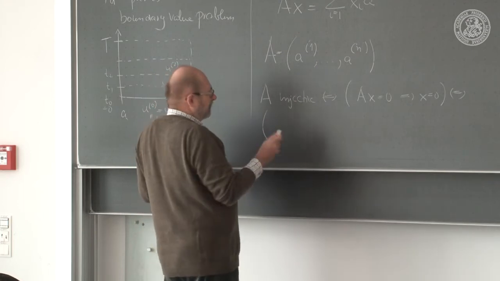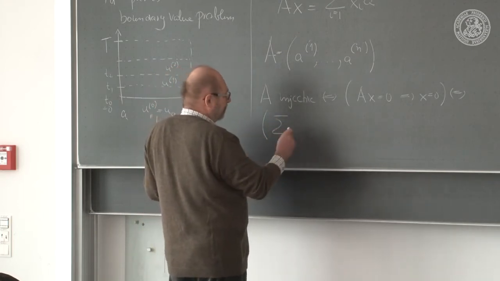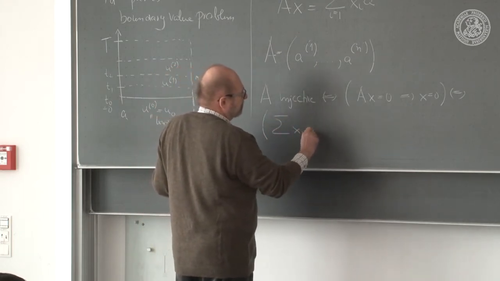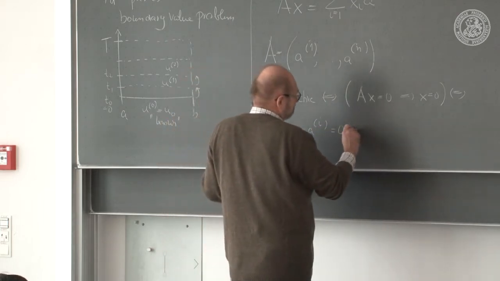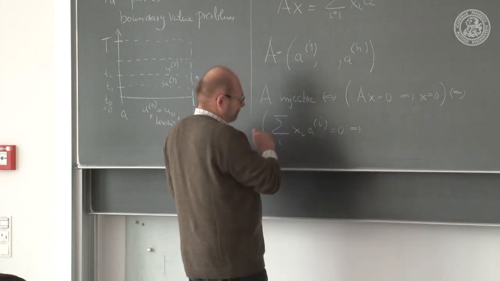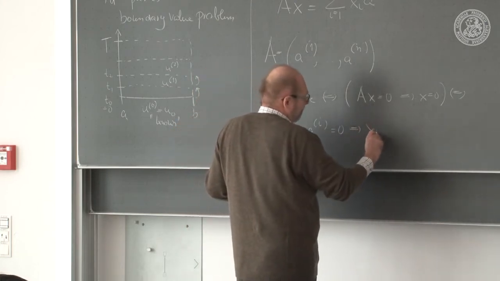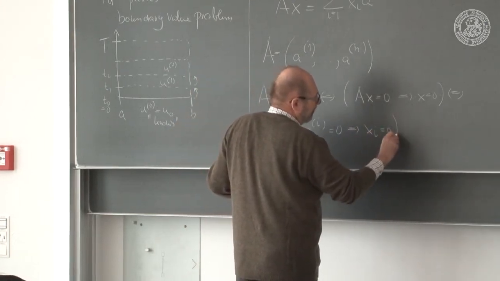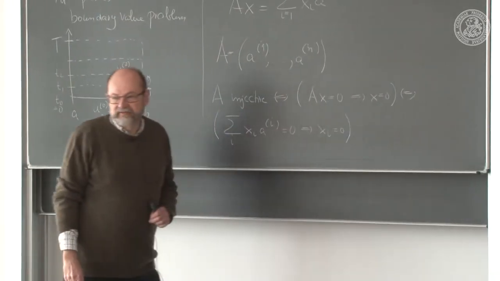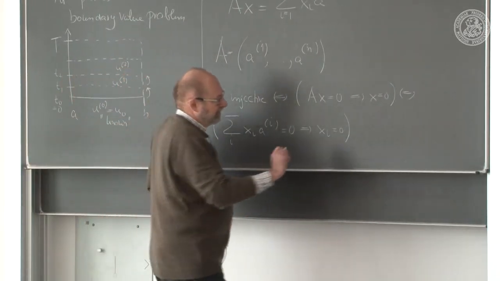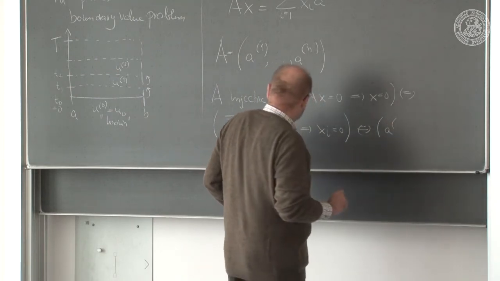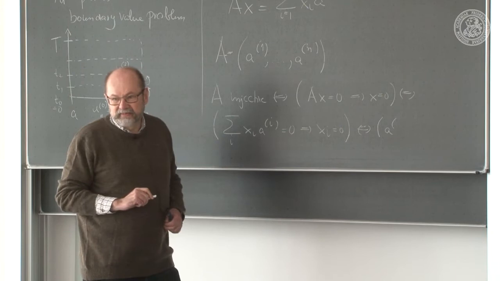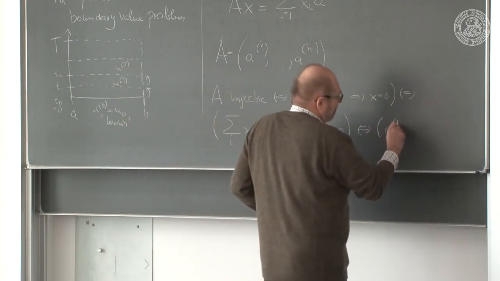And I asked, what does that mean? If I have a linear combination of the columns, if I have such a linear relation, it can only be the trivial relation. That means this is, so to speak, the test for linear independence.